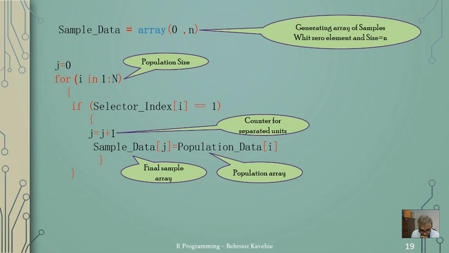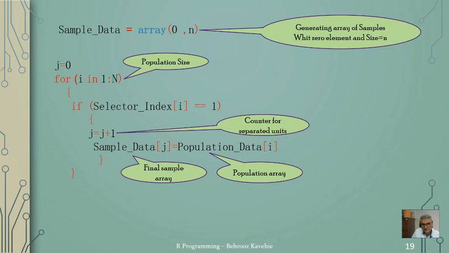You might ask why I have chosen J for this index and I for this one. Since they have different numbers of elements, I is going to go from 1 to 500 and J is going to go from 1 to 217. Hence, these two should have different names.